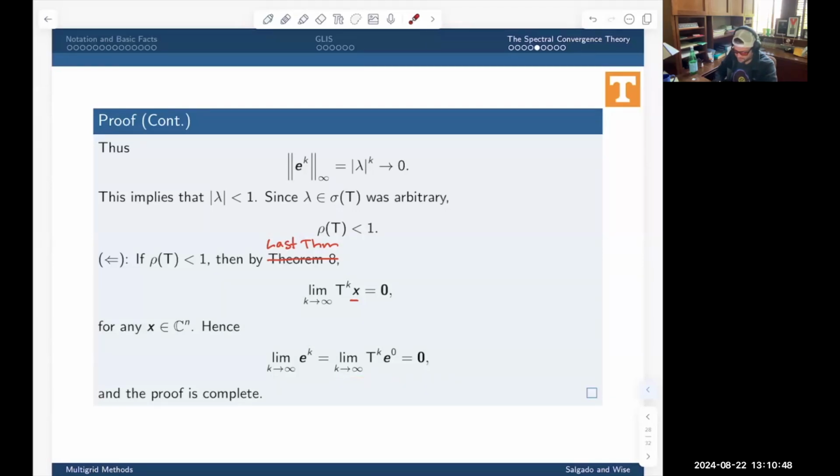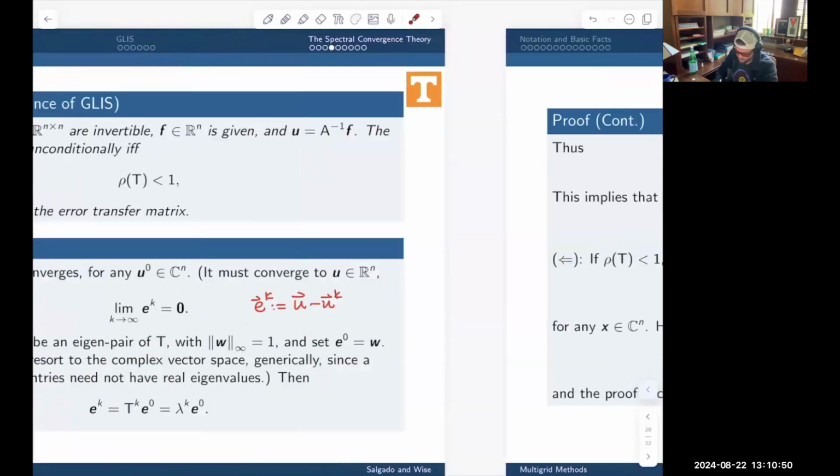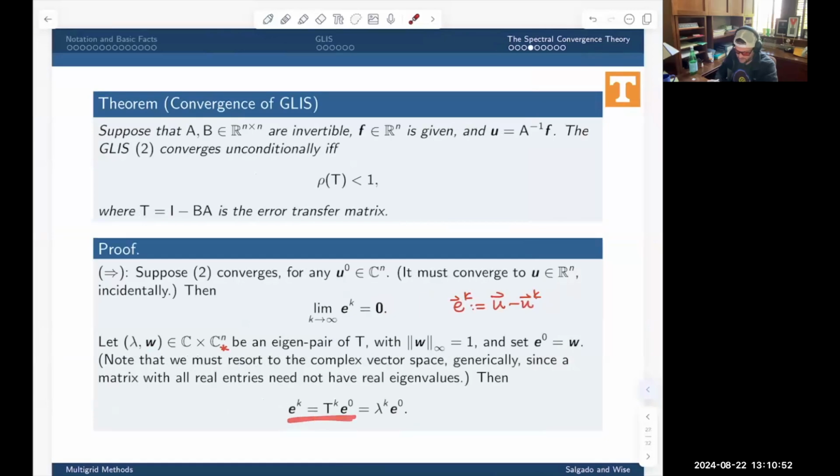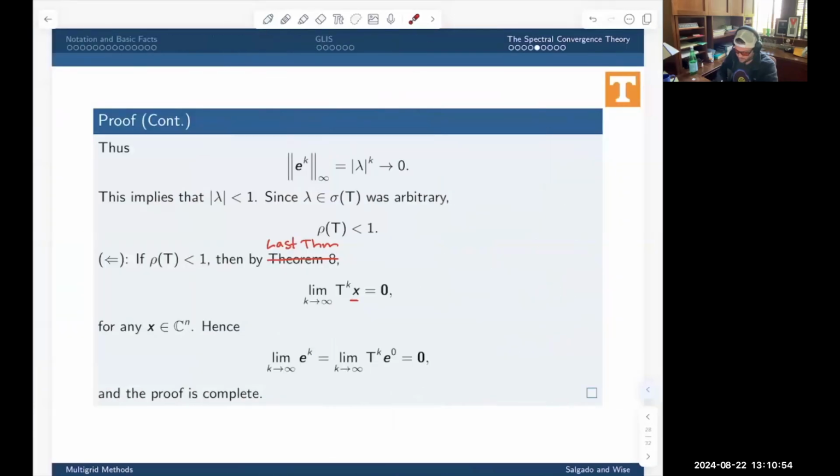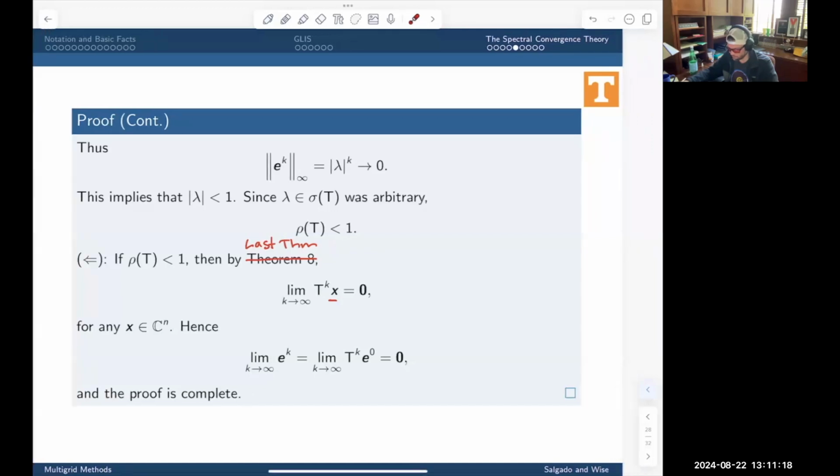But that's just like saying, if I follow this back using this little easily proved equality, that the limit of E_k is equal to 0. Okay. So that's what we mean by unconditional convergence. So that closes the loop and that proves the result. Any questions about that? It's a standard result that you guys have seen in 571 or whatever course you took on numerical analysis.